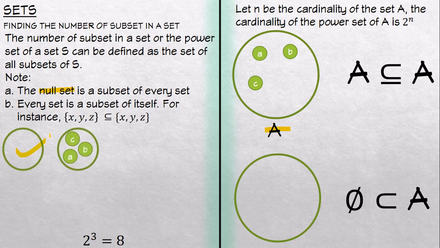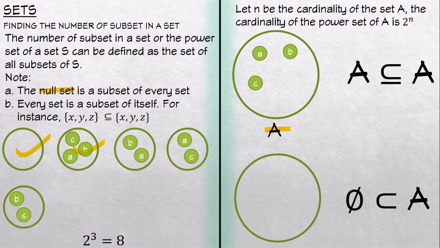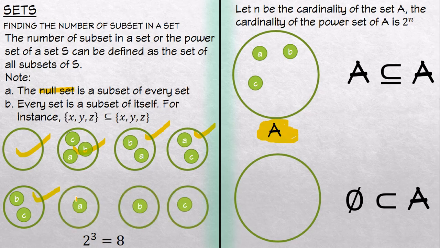Then we have this: a set that contains just BA is a subset of the set A. A set that contains AC is a subset of A. The subset which contains the element BC is a subset of A. And the set that contains just A, the set that contains the element B, and the set that contains the element C are also subsets of the set A.